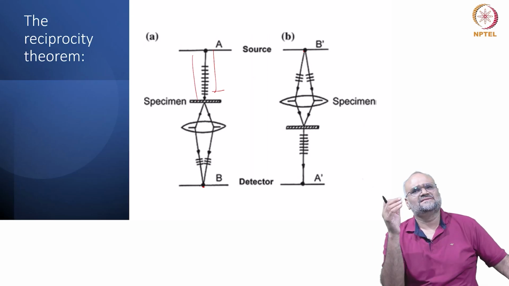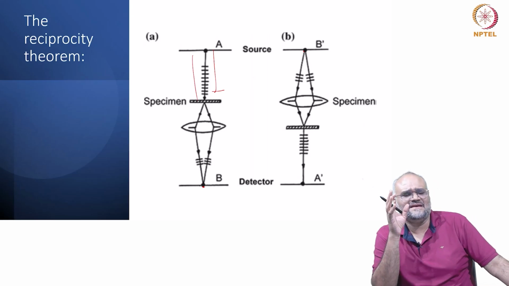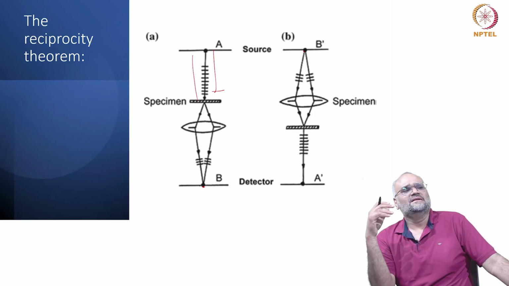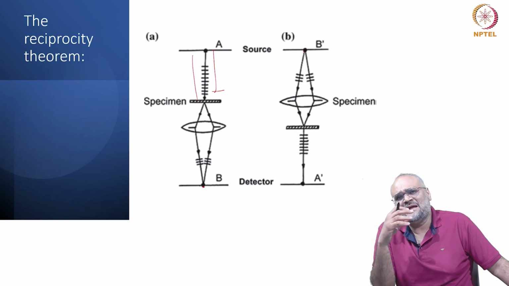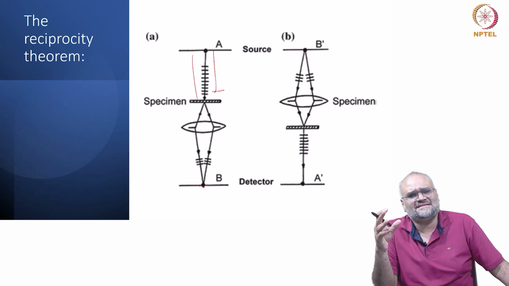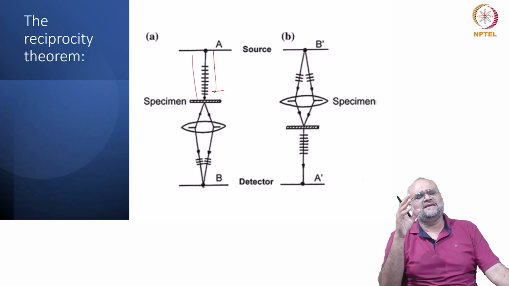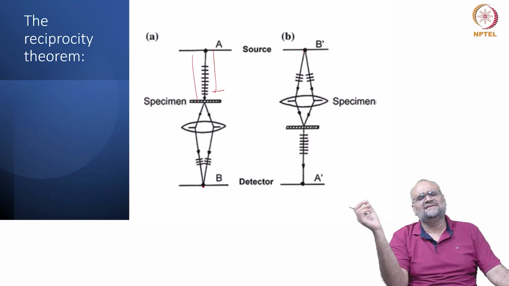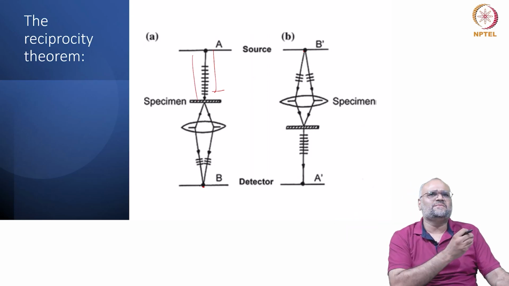So what this reciprocity theorem actually states is, I am primarily considering all the elastically scattered electrons, and if I swap the position of the source and the detector, I still obtain the same intensity.